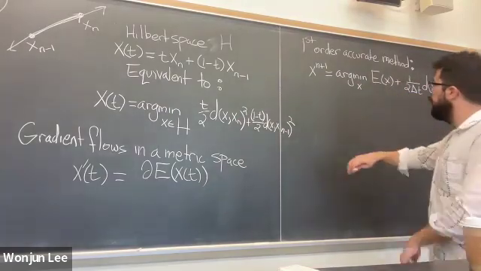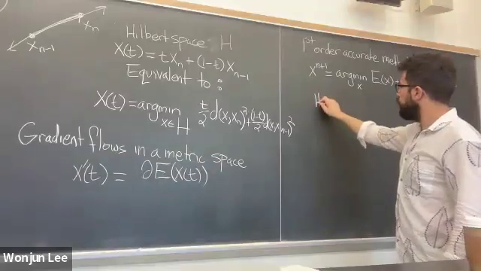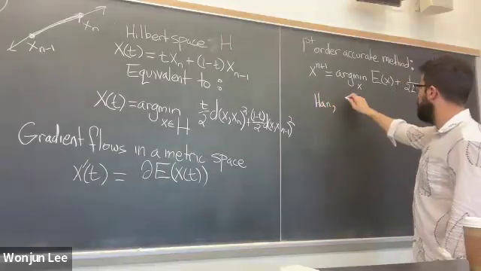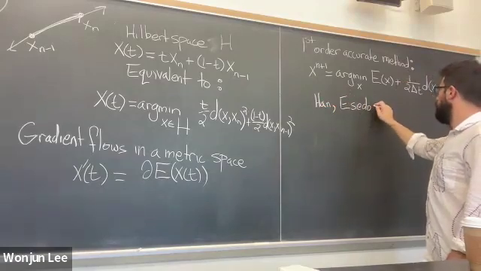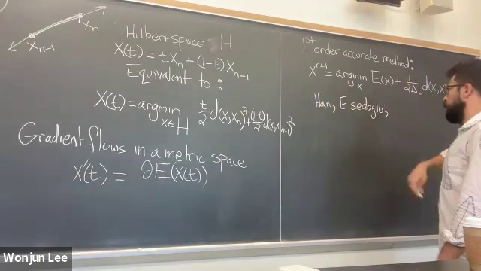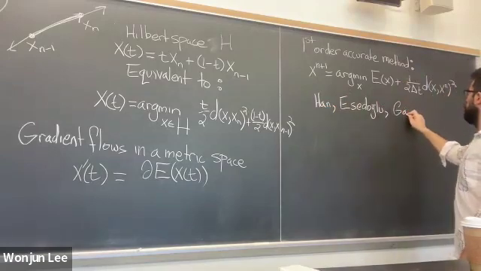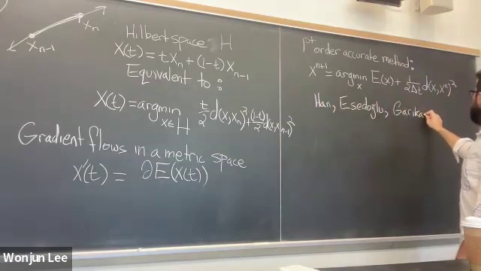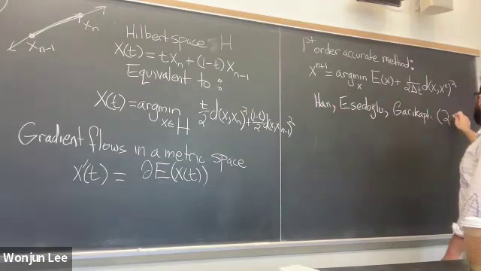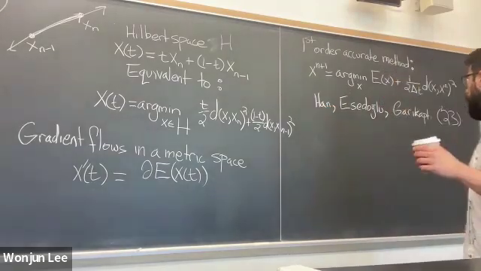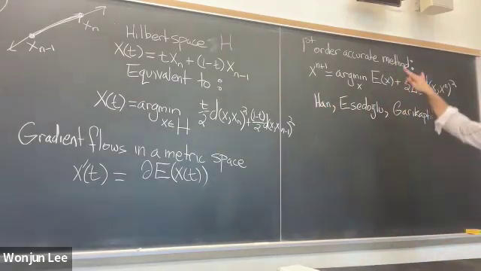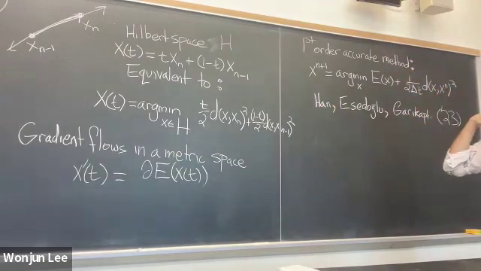But recently there's this paper by my advisor Salim Asadoglu and some of his co-authors. Pretty recent, it was in 23, where they generalized these first order accurate methods to essentially an arbitrary order of accuracy.